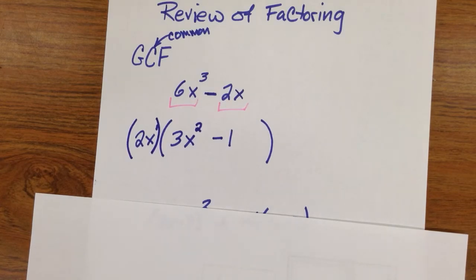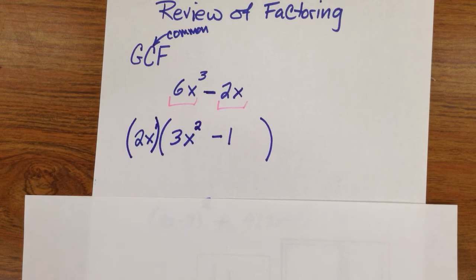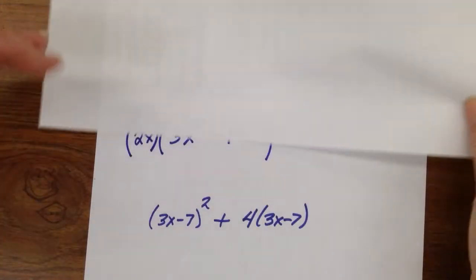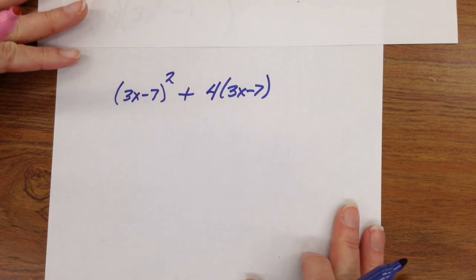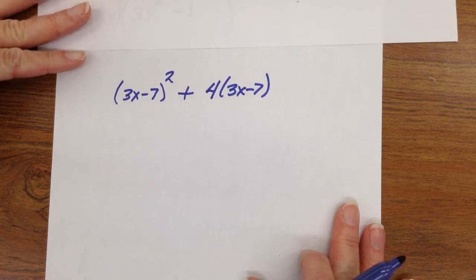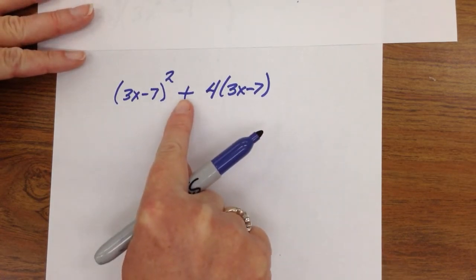Now this next example, also going to look for a GCF, but it's so scary. Remain calm. All right, hold on. Let me move it up. This is so different. No, it's not. Do you see this plus right here?